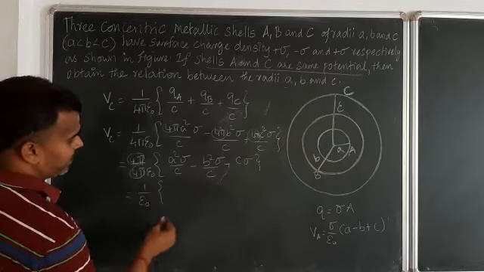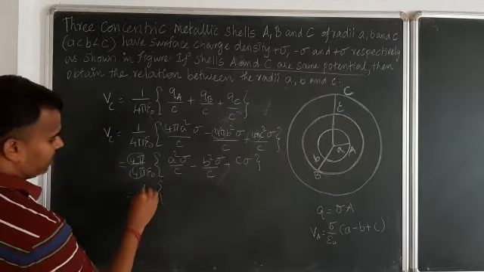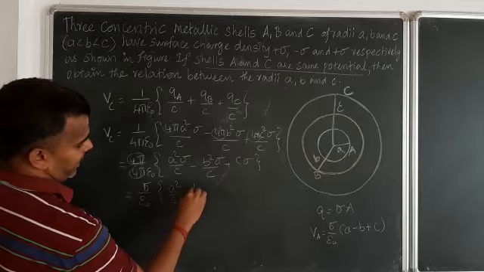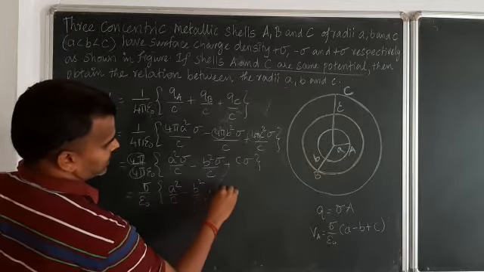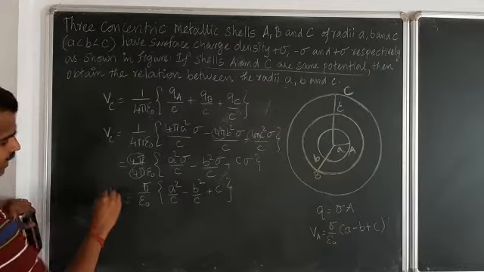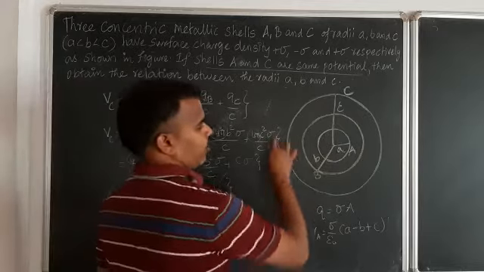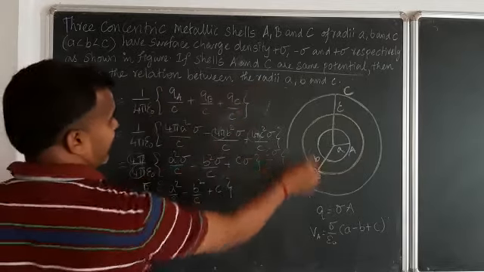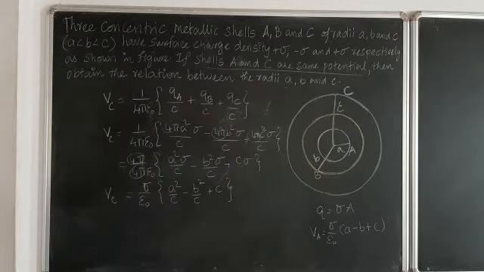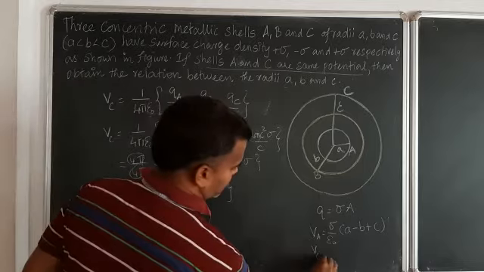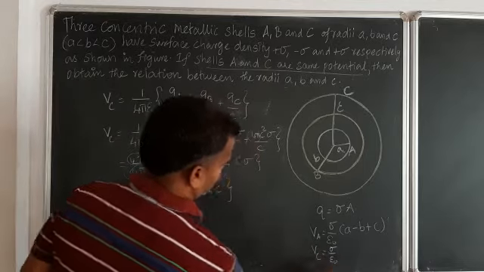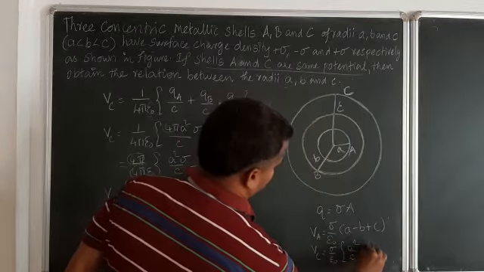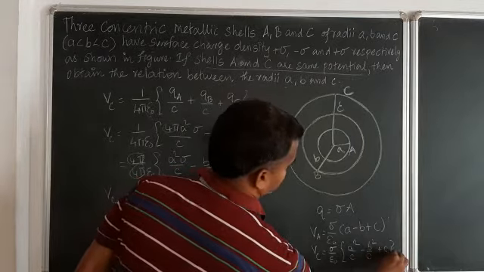Let me take all the sigma outside: A square by C minus B square by C plus C. This is the electric potential on the outer sphere. Now they are asking to obtain the relation between the radii A, B and C, so we can write VC is equal to sigma by epsilon naught times (A square by C minus B square by C plus C).